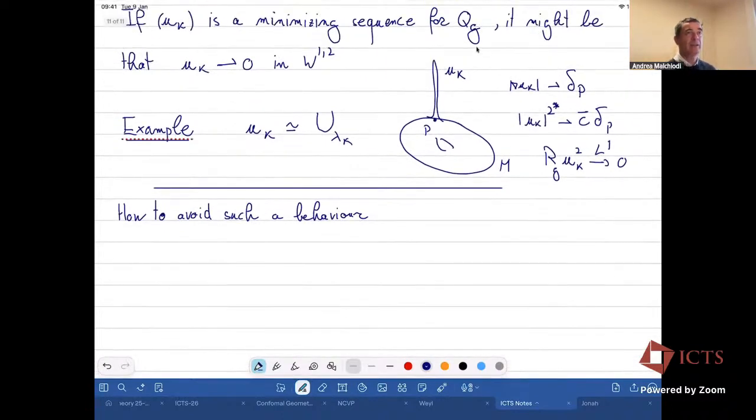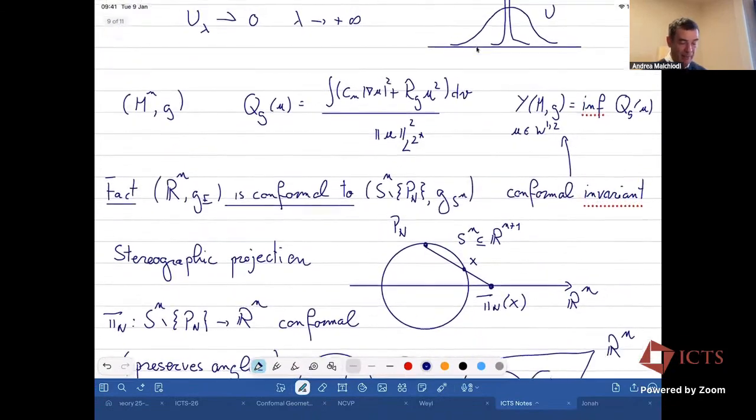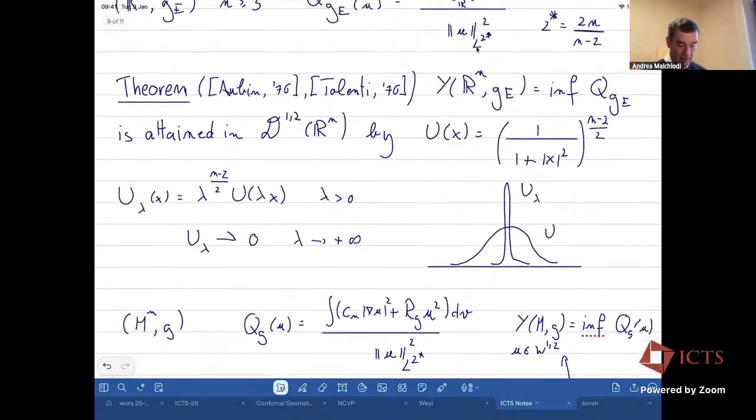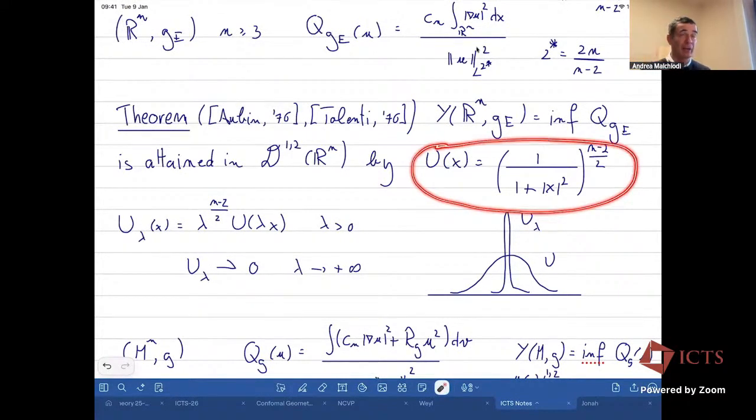This behavior is called bubbling, because typically you can prove that the blow-up profiles have asymptotically this form, the form of an extremal of the Sobolev constant in R^n.